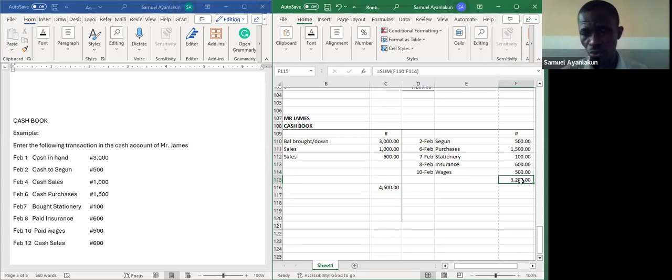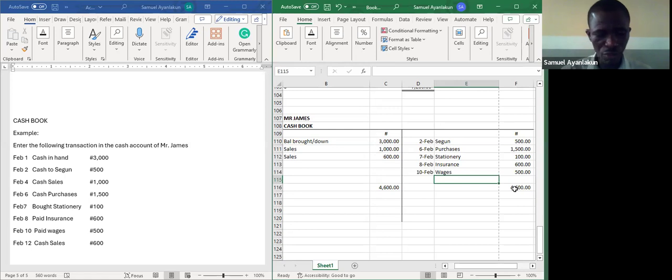The summation of these is 3,002. So if this is 4,006, we need to balance it. You now have the difference, which will be the balance carried down at the end of February.